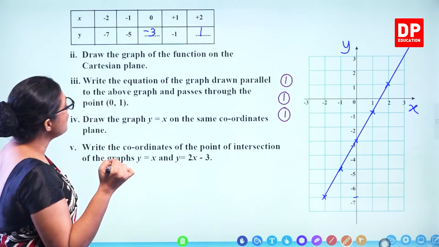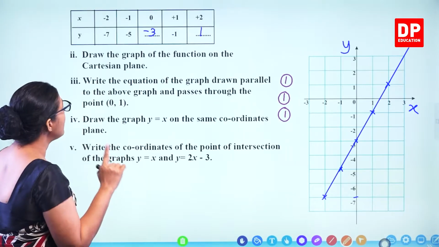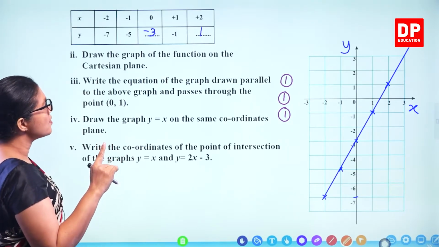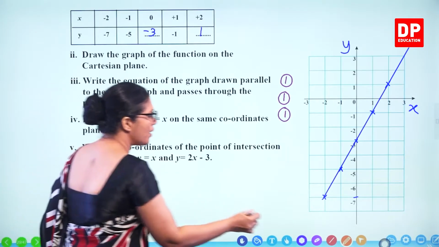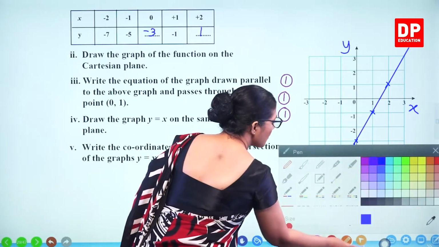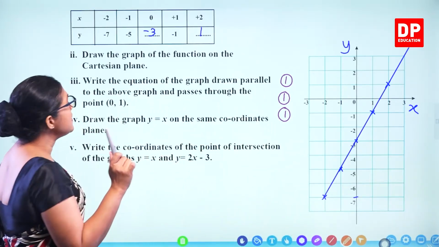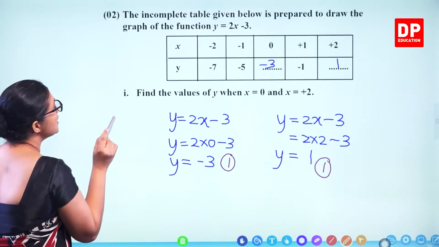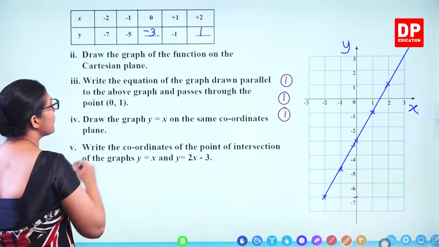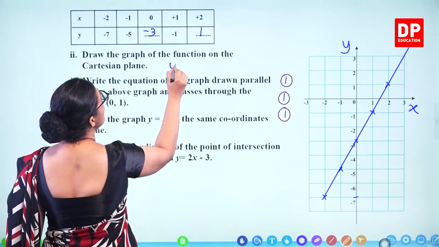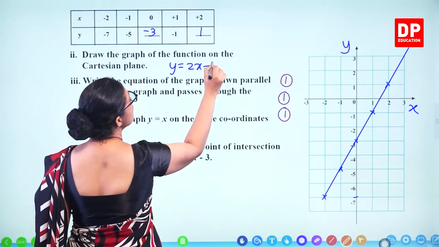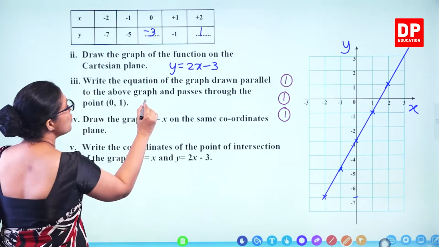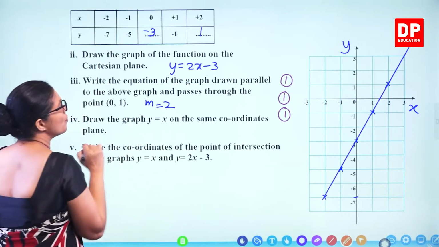Write the equation of the graph drawn parallel to the above graph and passes through the point 0, 1. Parallel means same gradient. So same gradient. What's the equation? 2x minus 3. So y equals 2x minus 3 is the graph. So gradient is 2. So m should be 2.